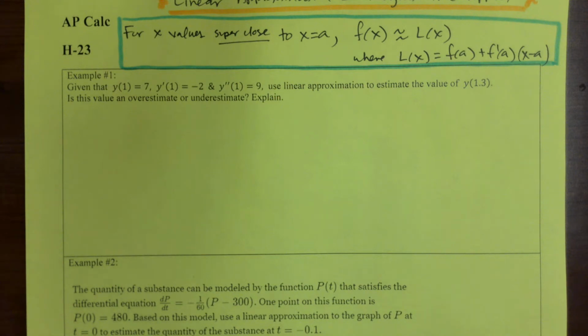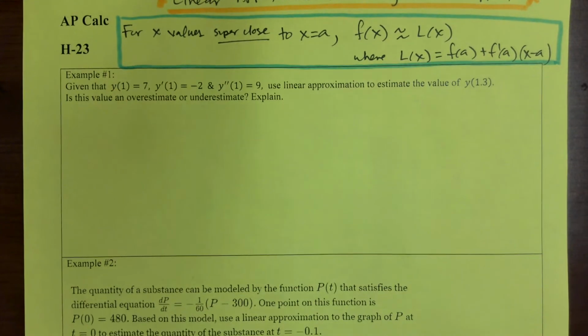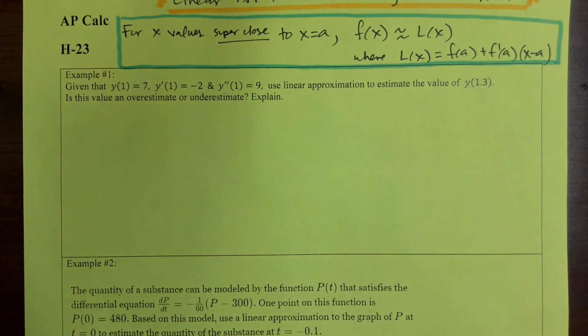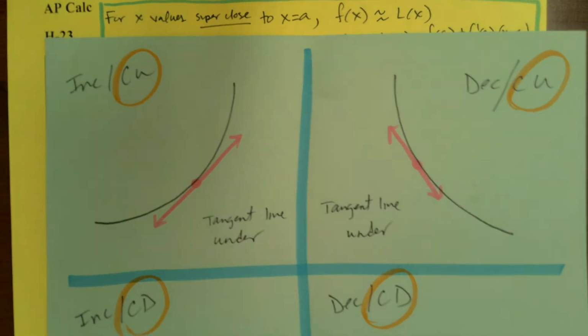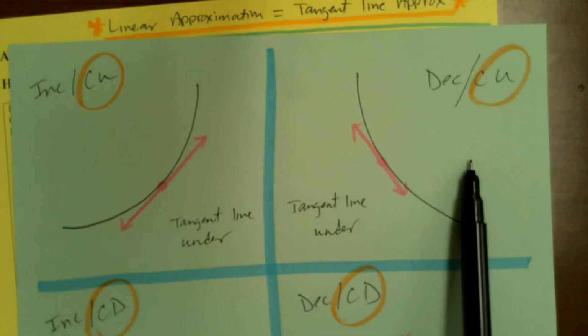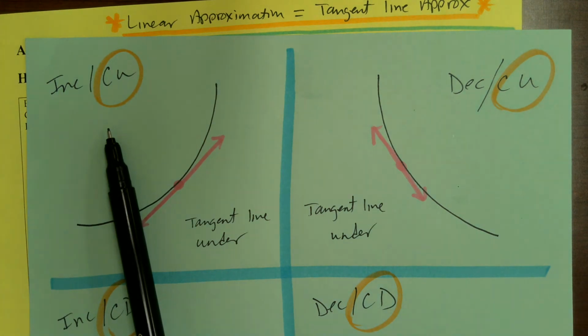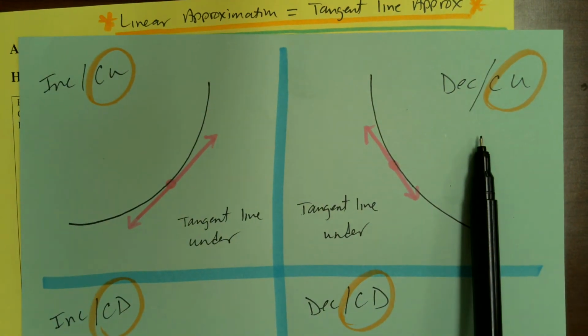Guys, whether the tangent line is giving you an over or under approximation is going to depend on concavity at the point of tangency. I gave you some examples here. Here are two concave up situations: the function is increasing and concave up, or decreasing and concave up.